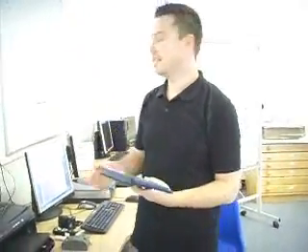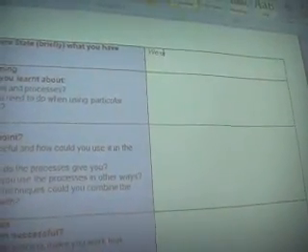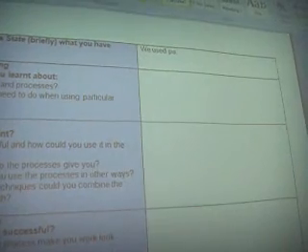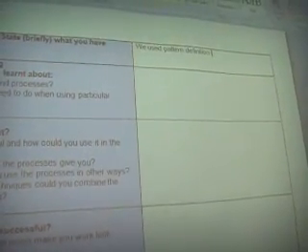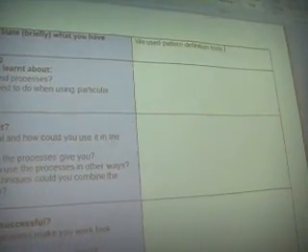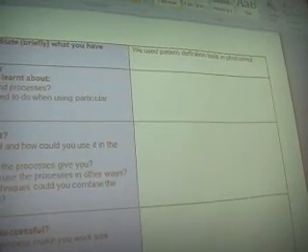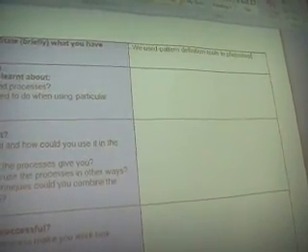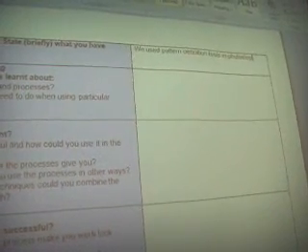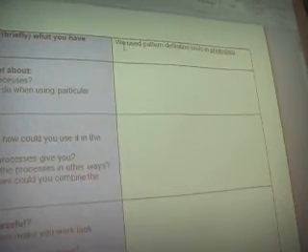So if we look at the screen, I've got a clear blank template where I can start to say, we used pattern definition tools in Photoshop. And yes, it is a bit scary typing in front of a lot of people, but actually you start to get the hang of it, and then we'll fill that up and we'll go on to the next box.